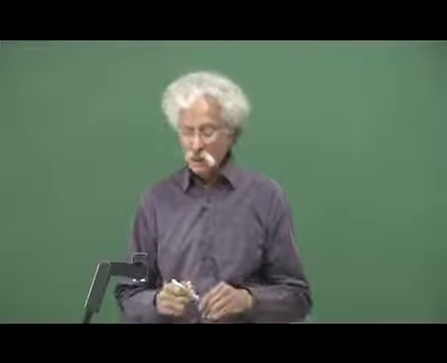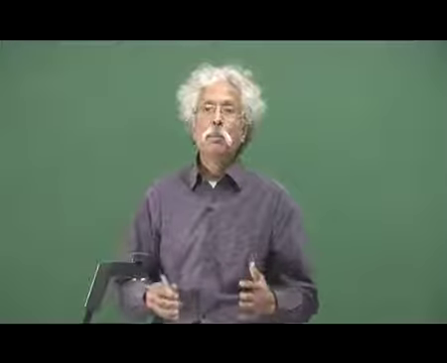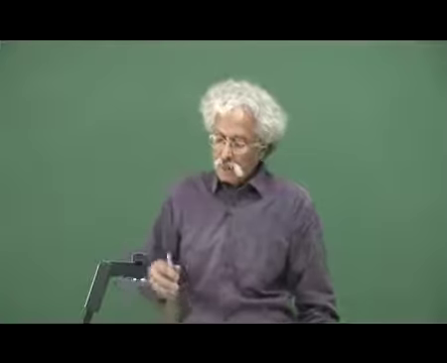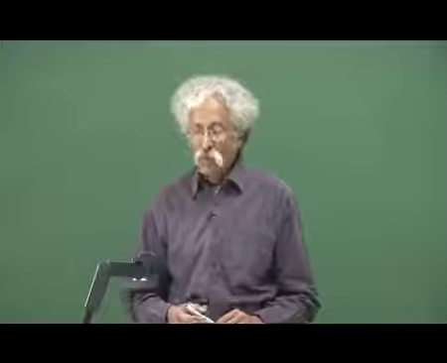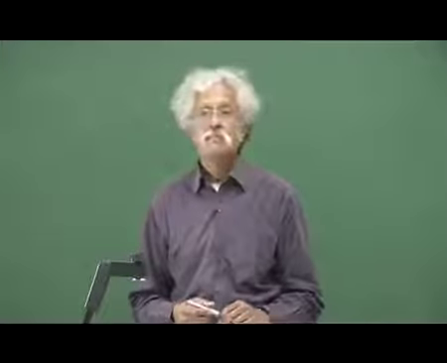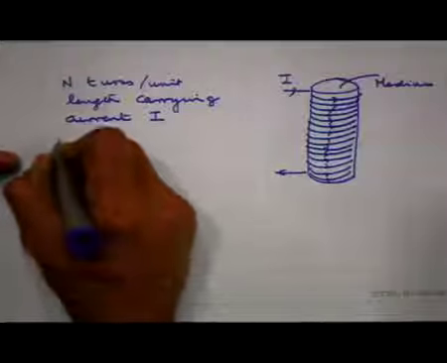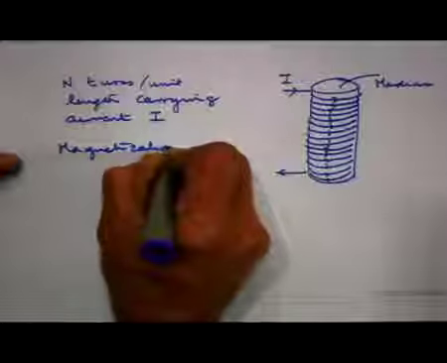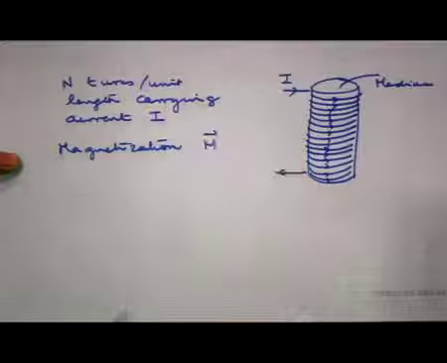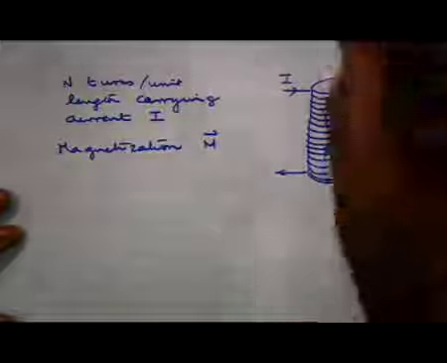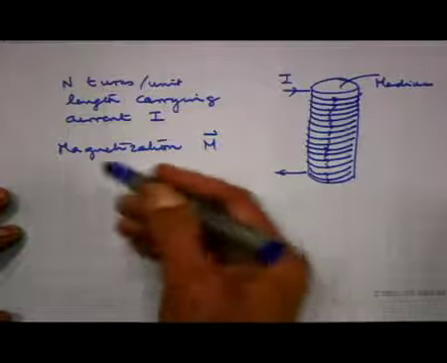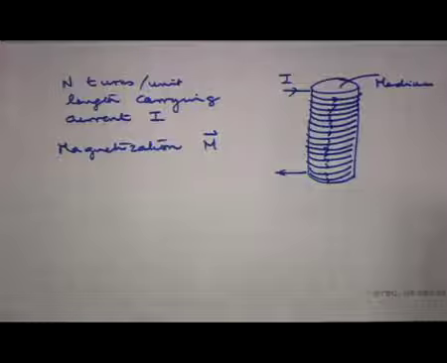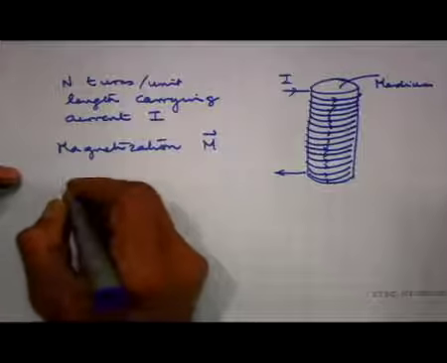That means it will generate a magnetic dipole moment per unit volume inside the medium, and that magnetic dipole moment will be equivalent to a magnetization, and so let me call the magnetization M. The magnetic field is parallel to the axis. In the simplest example, the magnetization is also parallel to the axis. And so, what is the total magnetic field inside?